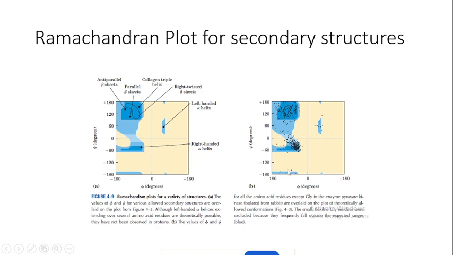How can it stabilize the protein structure? Because glycine has no R group, so it is very flexible, so it can adjust anywhere. Okay, so because of this flexibility, as it does not have any R group, even if the glycine is falling in this non-allowed region, the protein will be stable because glycine is very flexible.